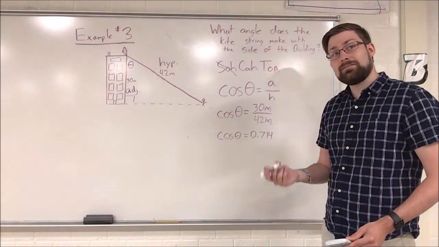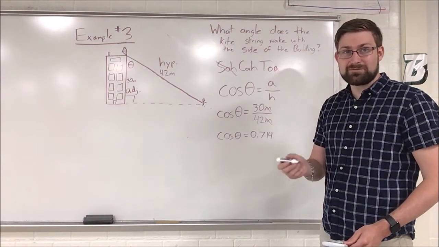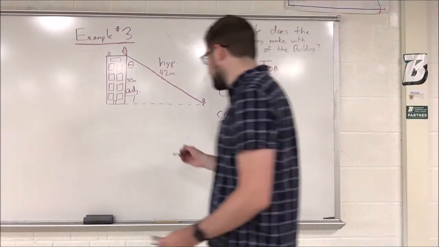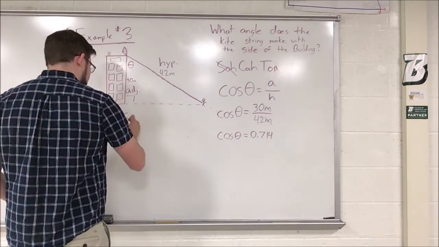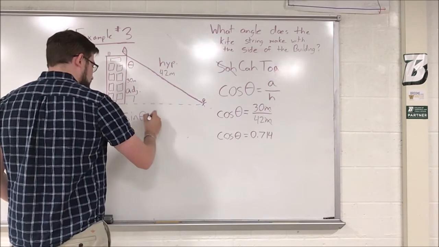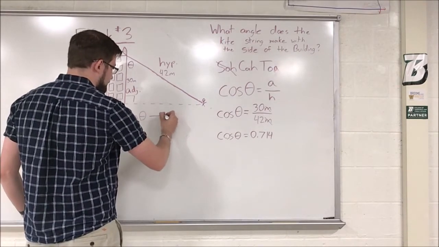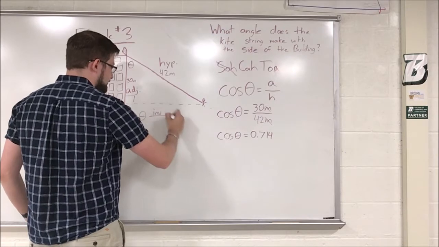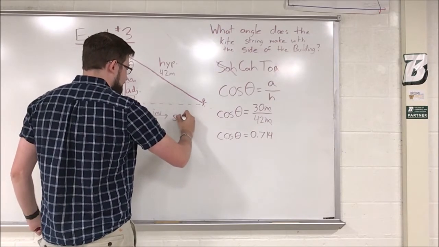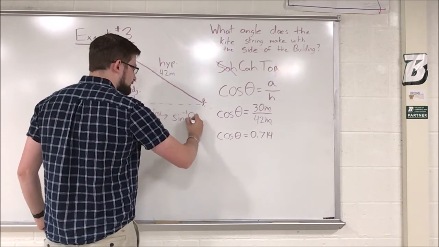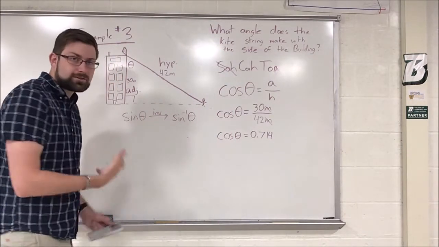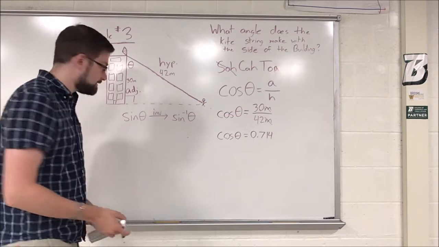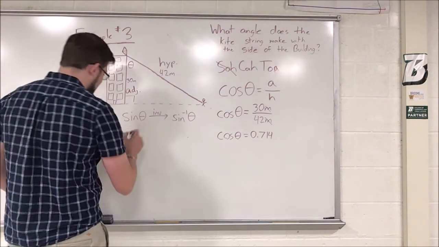What we're going to have to use is what's called an inverse trig function. Now, all of the trig functions have an inverse. So for example, sine of theta also has an inverse, which is written as sine to the power of negative 1. That negative 1 power just shows you that it's the inverse.